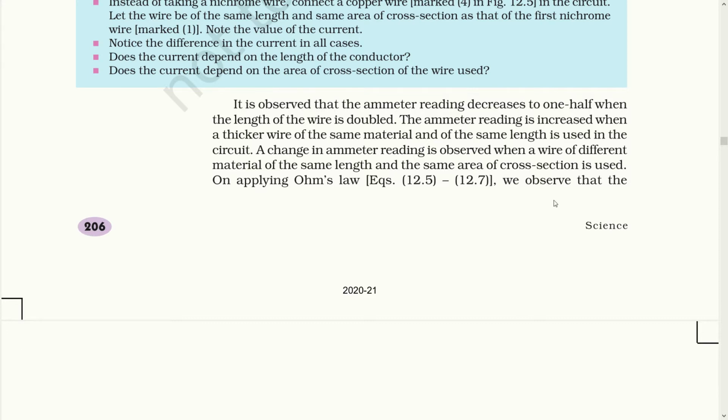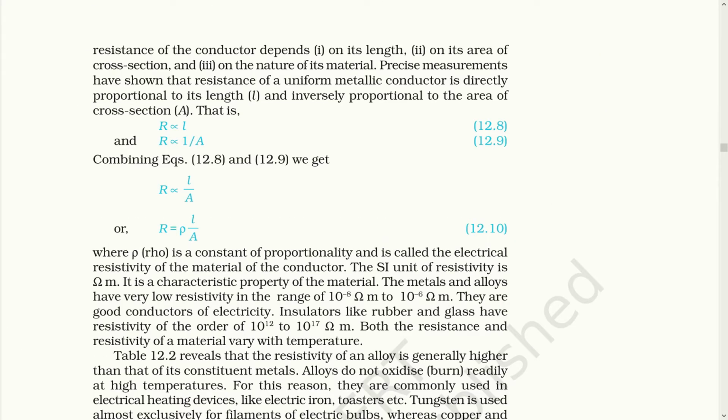On applying Ohm's law, we observe that the resistance of the conductor depends on its length, on its area of cross section, and on the nature of its material. Precise measurements have shown that the resistance of a uniform metallic conductor is directly proportional to its length and inversely proportional to the area of cross section.